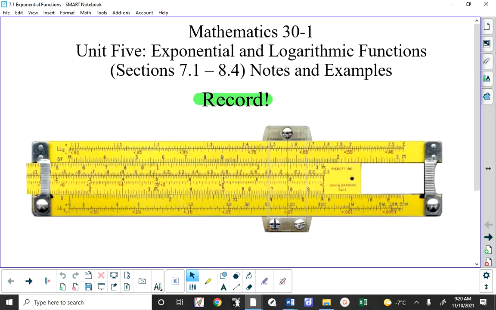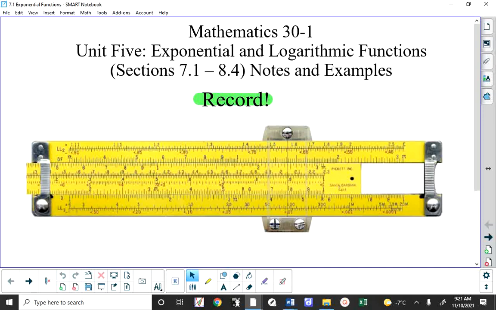It contains two pieces, usually made out of bamboo, because bamboo doesn't warp in the moisture. I don't know how this works completely, but I've taught myself how to do some really fundamental things like multiply using this. And then there's another piece that slides around, and it's got a line on it that they actually called the cursor, even back in the 1600s.